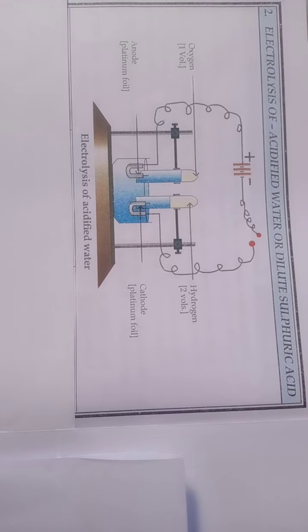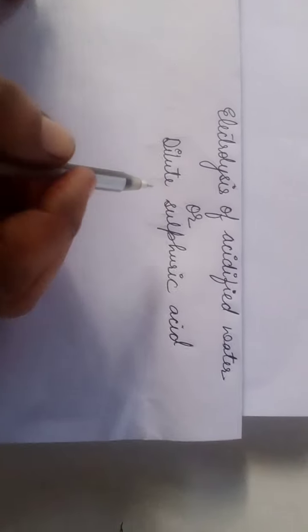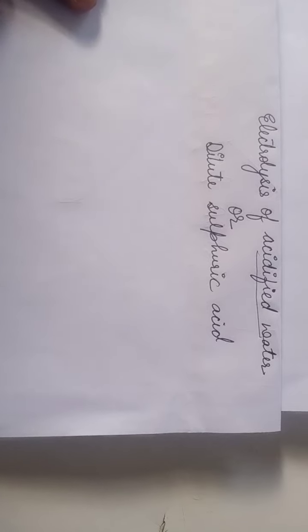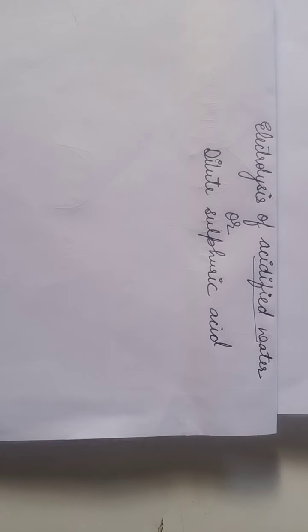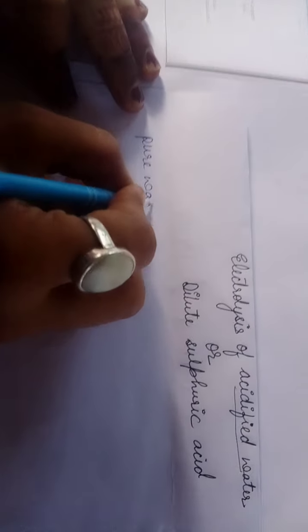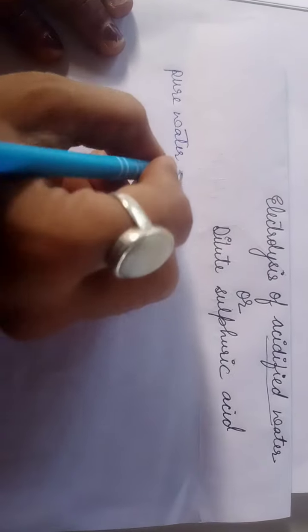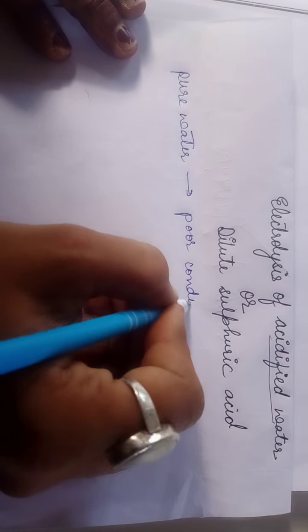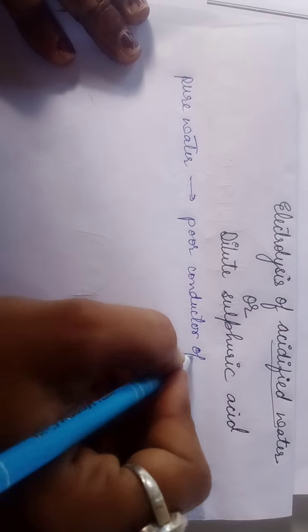Now let us start with the electrolysis of acidified water or dilute sulfuric acid. Children, from the name itself, acidified water. Why is acidified water taken here? The first reason is that pure water is a poor conductor of electricity.